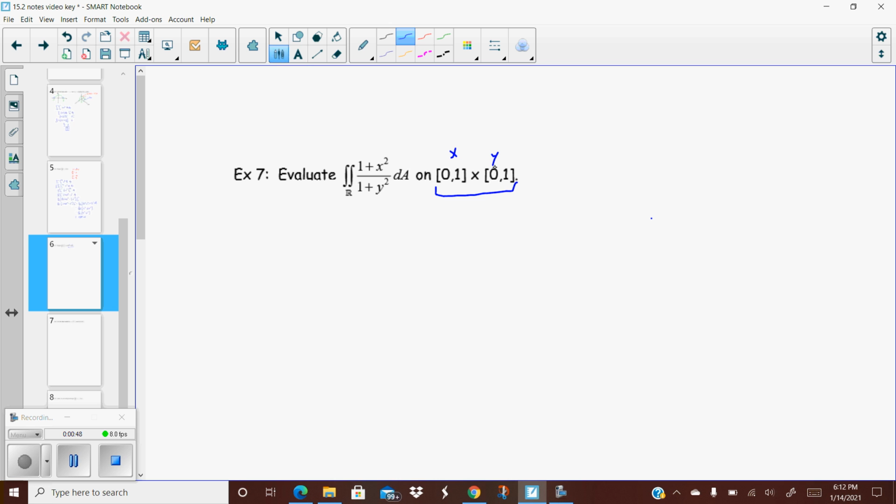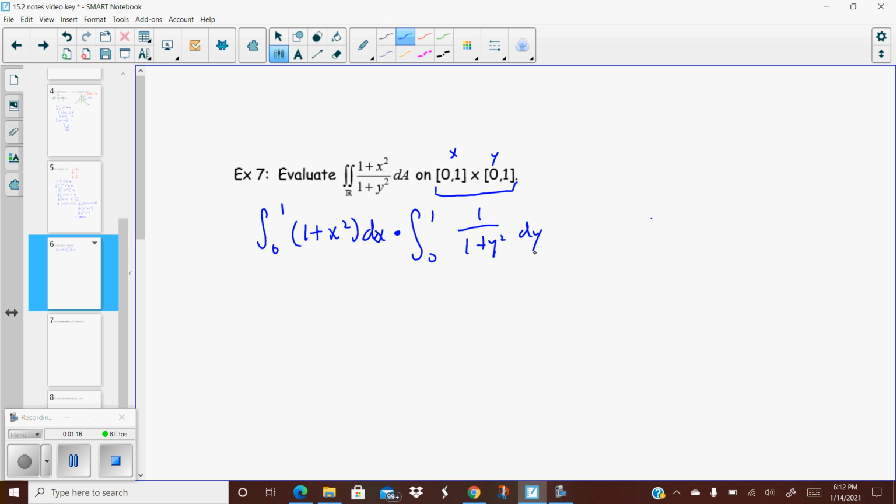Now, does Fubini's theorem apply here? It sure does, because I can separate these things. So I'm going to have the integral from 0 to 1 of 1 plus x squared dx times the integral from 0 to 1 of 1 over 1 plus y squared dy.